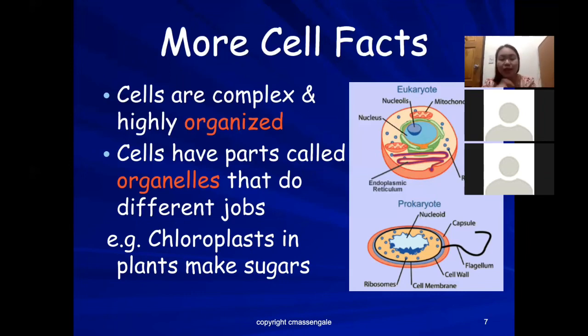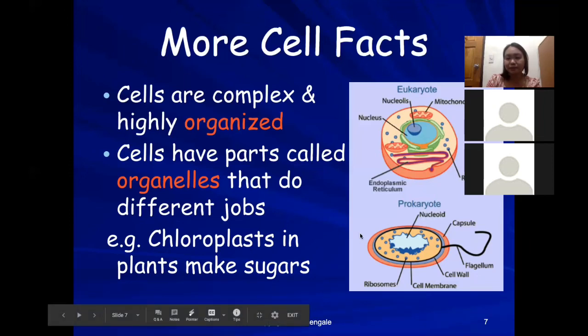So we have different pigments for plants, di ba? Maraming color ang plants. But why are most leaves green? It's because of the chloroplast. And why is chloroplast green? You remember? Why do you think?